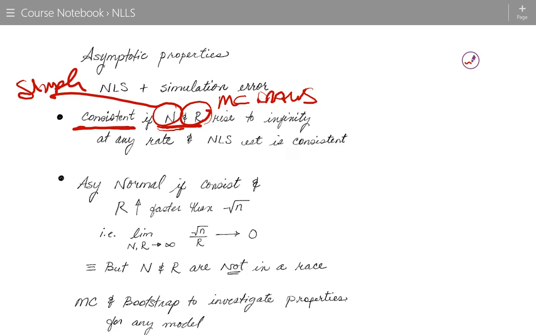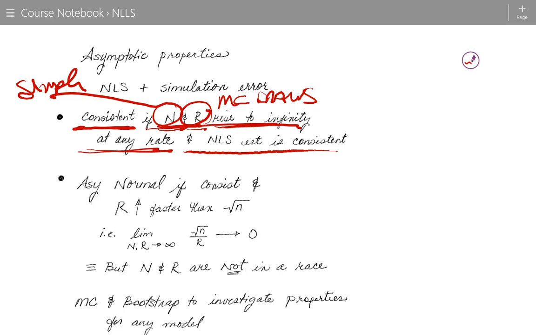So as both the sample size and the number of Monte Carlo draws used to calculate our integrals rise to infinity, at any rate, the nonlinear least squares simulated estimator is consistent.